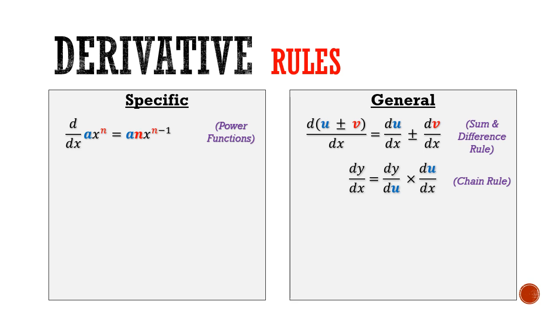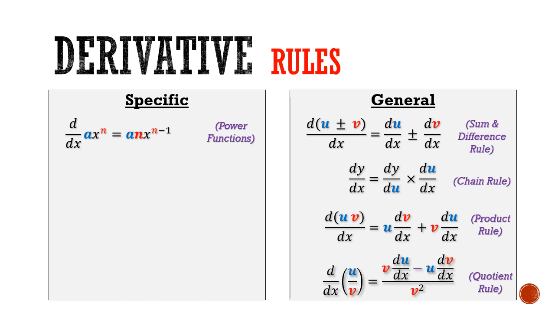You can also interpret it as substituting some part of the function as, say, a function u, and differentiating that function with respect to u before multiplying the chain, which is du dx, differentiating u with respect to x. In part 3, we studied the product rule, and that applies to the derivatives of a product of two or more functions. In part 4 today, we will start on the quotient rule.